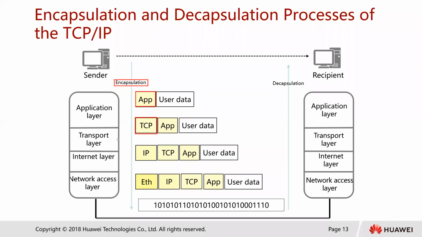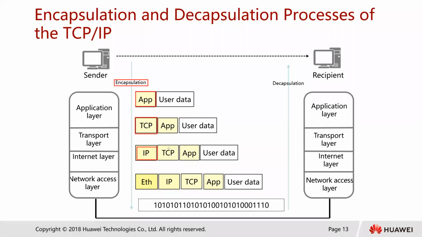So then after that, the transport layer will forward our data to the internet layer, and after the internet layer has received and processed the data, the internet layer information such as the source IP address and destination IP address is then added onto our user data, right?